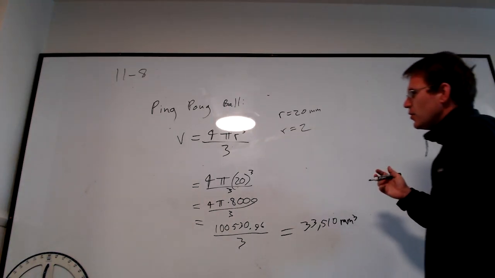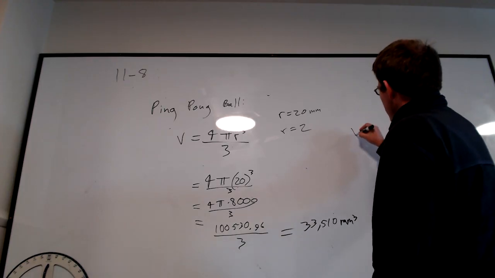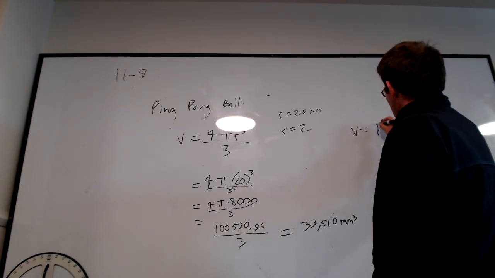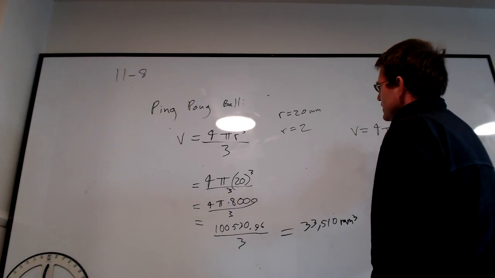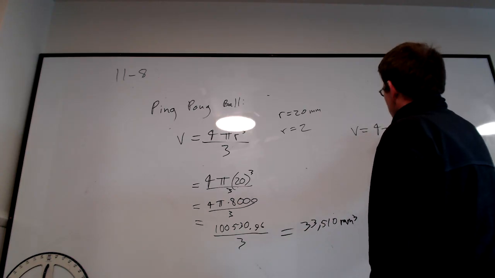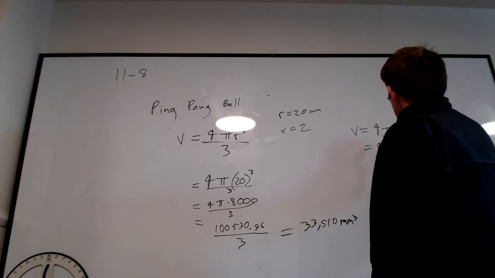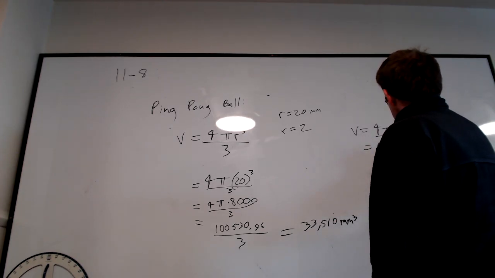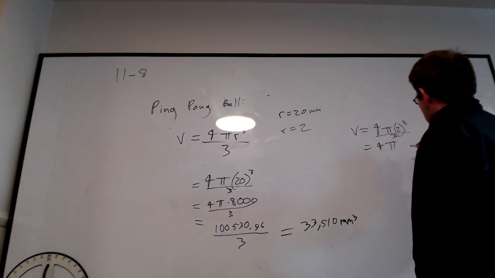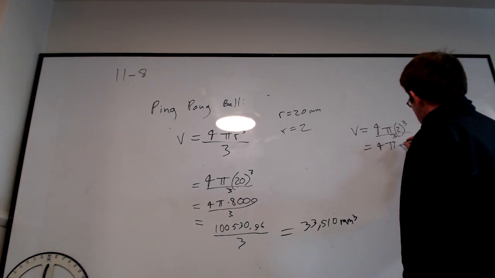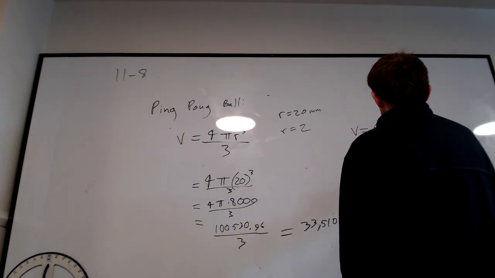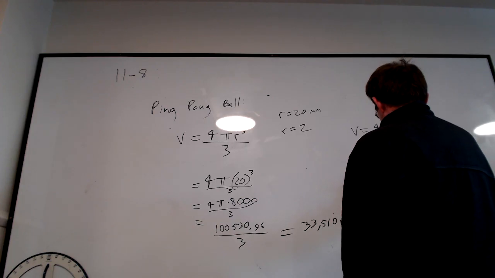So in this case, volume equals 4 pi times 2 to the third, divided by 3. So that's 4 pi times 8, over 3. So that equals 32 pi over 3?